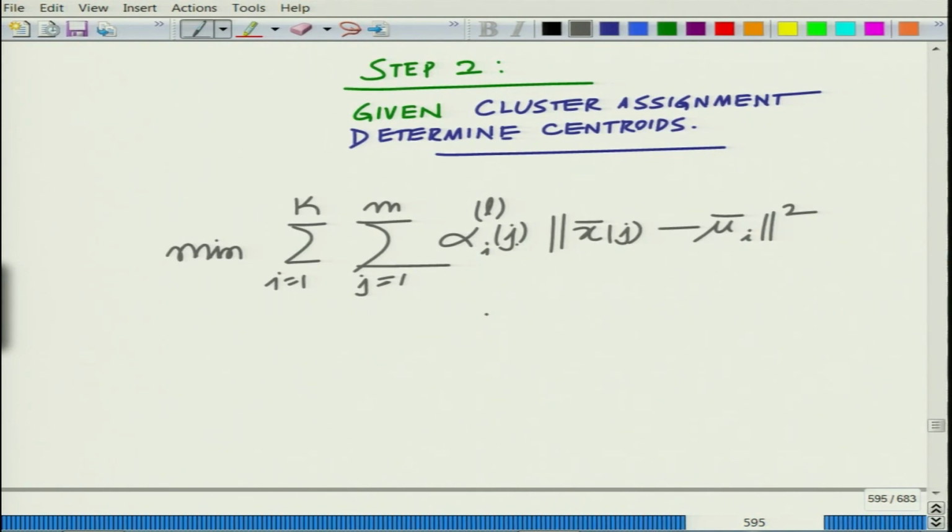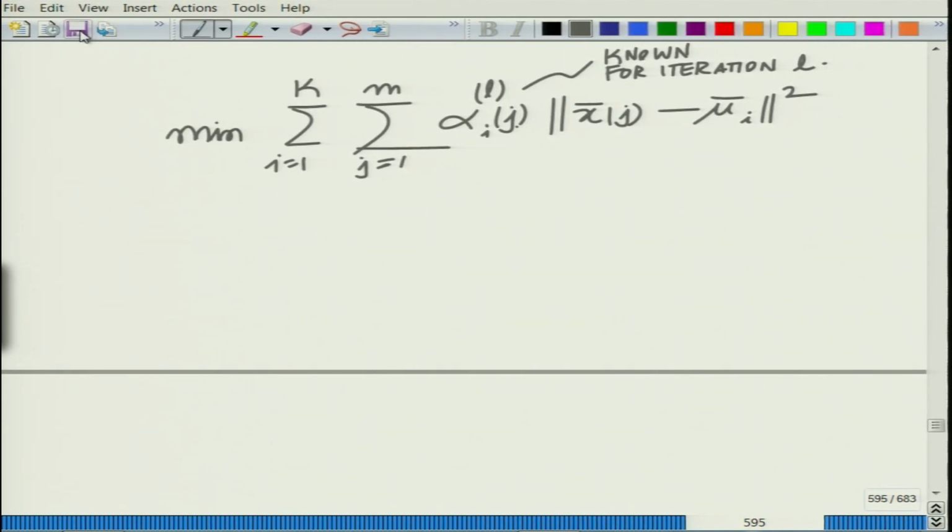Now, we know these alpha values are known. Remember, we are still in iteration L, so this is step 2 of the same Lth iteration. The iteration index is still the same L, and now what we have to do is determine the centroids.